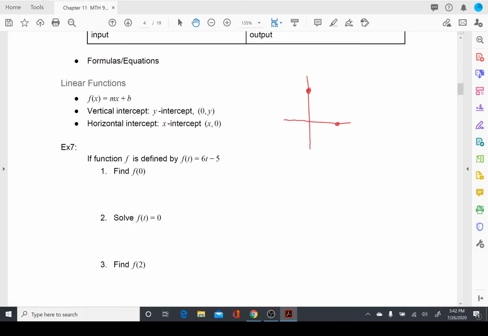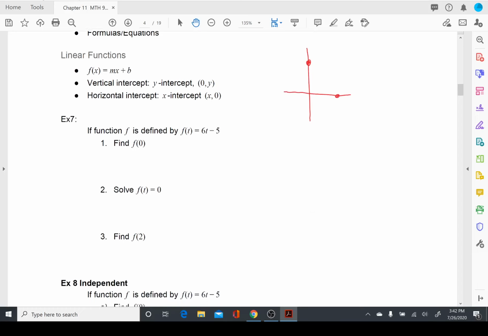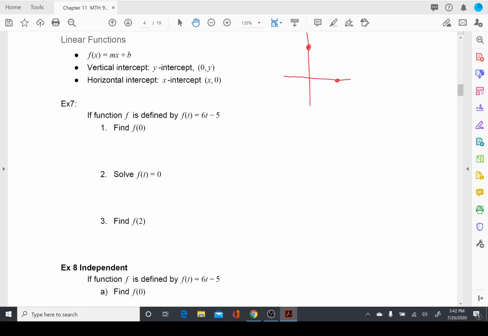So you should know these 3 things coming in. If you don't, let me know and I can give you some review material. Using that, I have given you a function defined by f of t equals 6t minus 5.